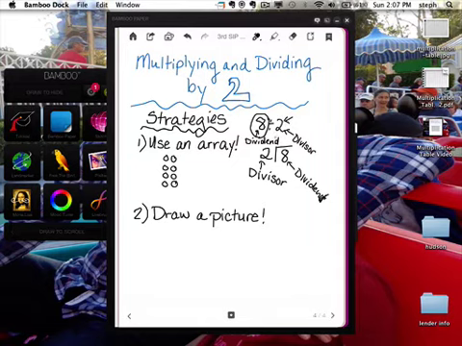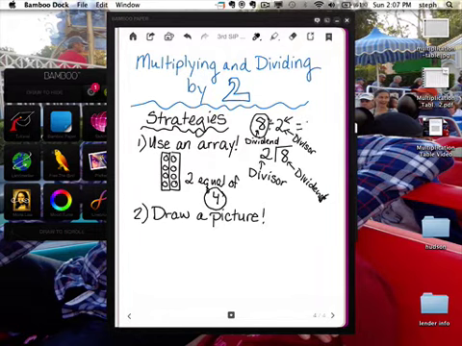So I'm going to divide it into 2 groups. If I put a line down here, I have 2 equal groups. And there are 2 equal groups of 4. So my answer is going to be 4.